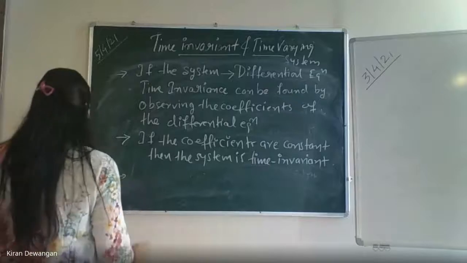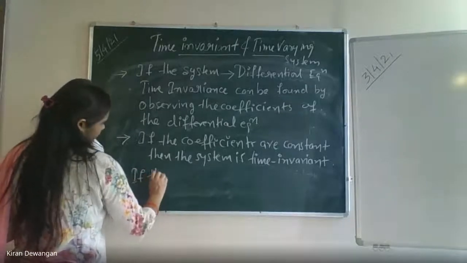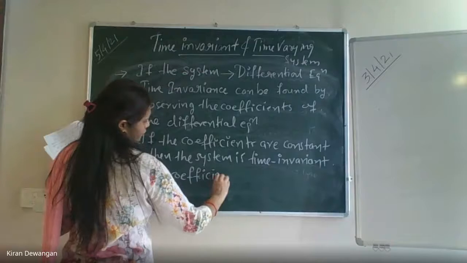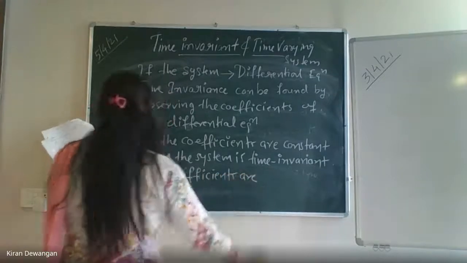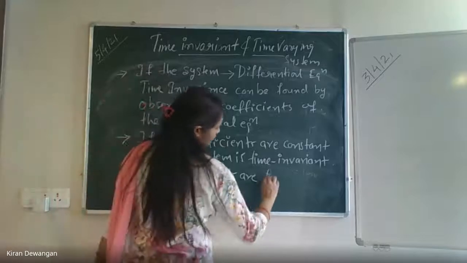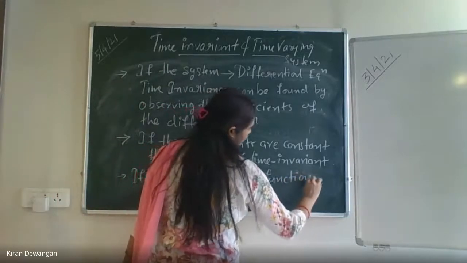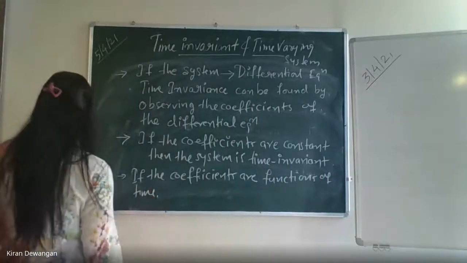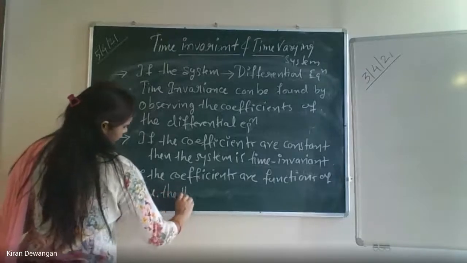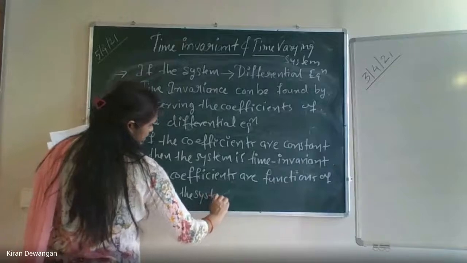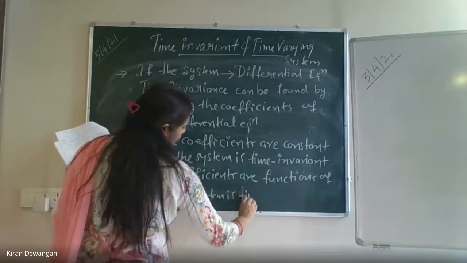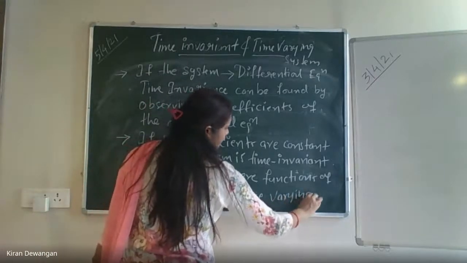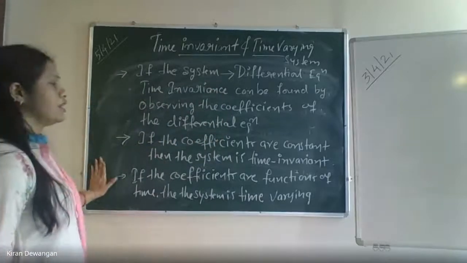Next point, if the coefficients are functions of time, then the system is a time varying system. Okay? So these are the 3 points that we need to remember.